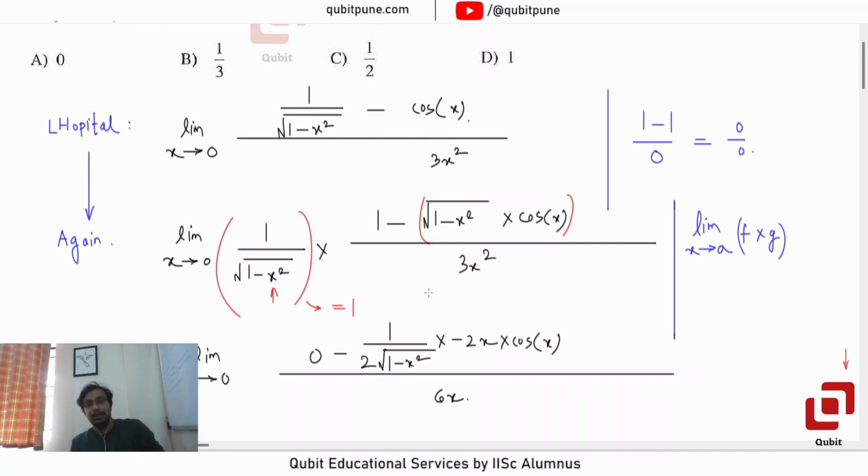Now this negative sign that you see here is outside the bracket. By product rule we have a plus sign here, but because outside we have a negative sign, let's put negative sign there. First function will remain as it is, and the derivative of second function needs to be computed, that is negative sin x.